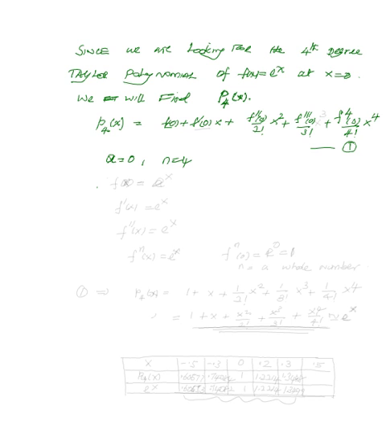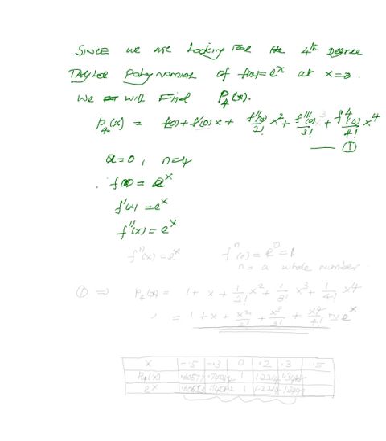Now we need to find all of those derivatives. f of x is in fact e to the x. That's the function that we are trying to find the Taylor polynomial for. Then if I find the first derivative, f prime of x is going to be e to the x. Whatever order of derivative you take, the derivative of e to the x is always e to the x.